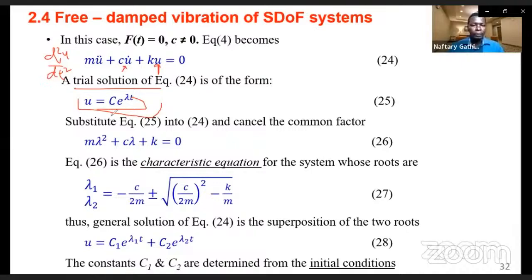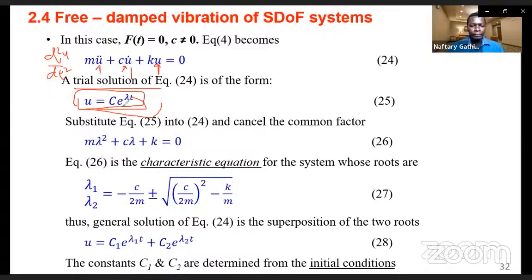Now, this is just a typical value at the endpoint: u equals e raised to power lambda t. What we need to do is substitute this in our equation 24. To do so, you differentiate twice to get the acceleration and once to get the velocity, then you substitute back.